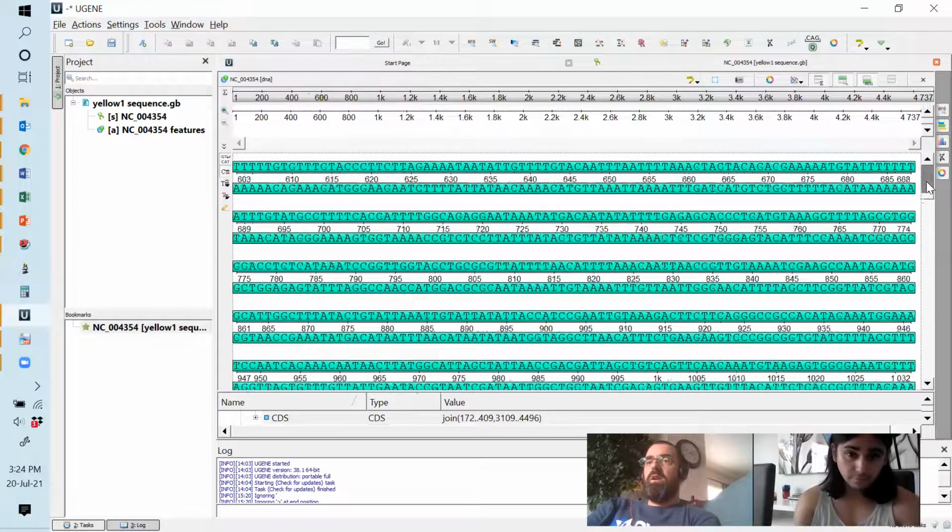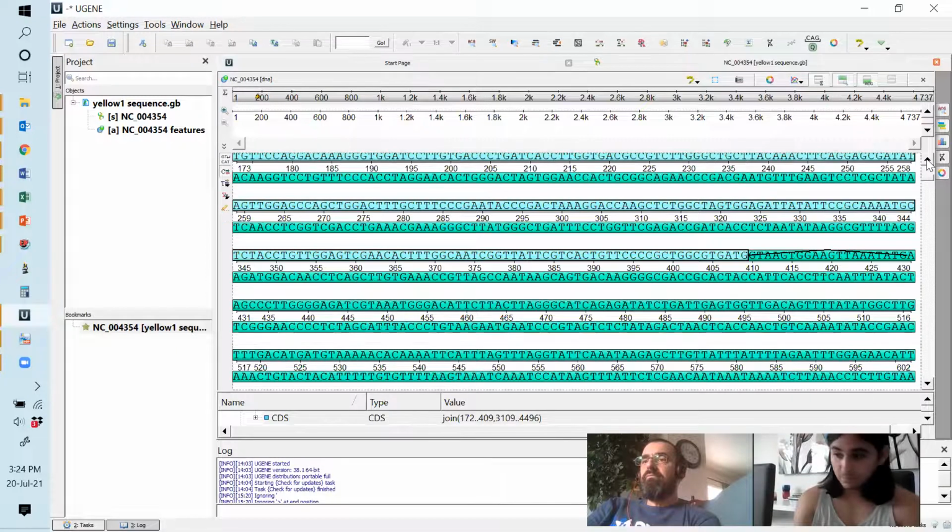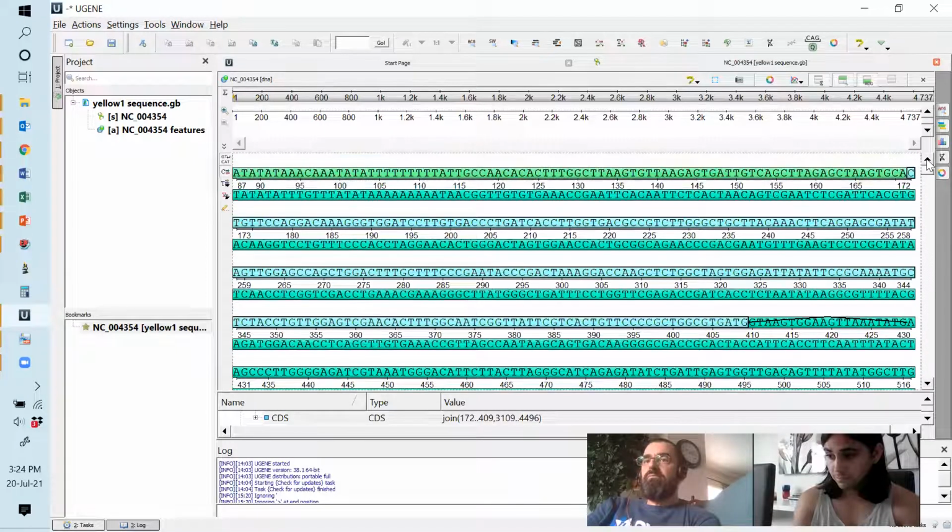We're going to go way up. Okay, so I'll give you a hint. This is actually the sequence from the mutant, yellow 1. I don't know why NCBI has it as the reference sequence. This is not the wild type sequence. This is the mutant sequence, the yellow 1 sequence.